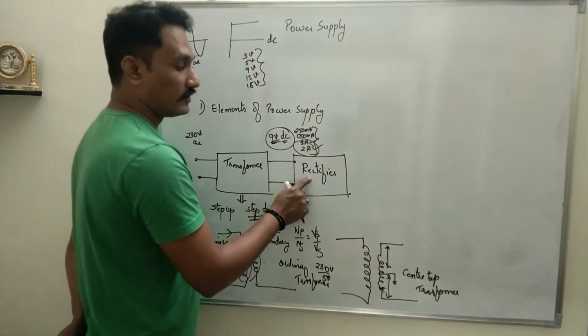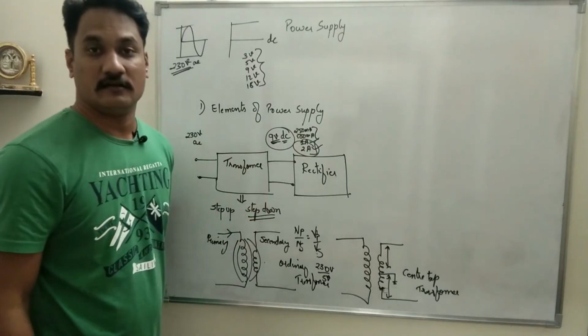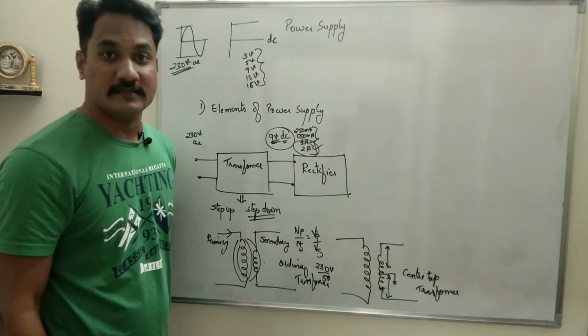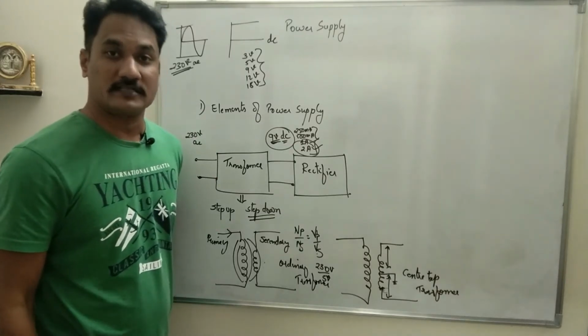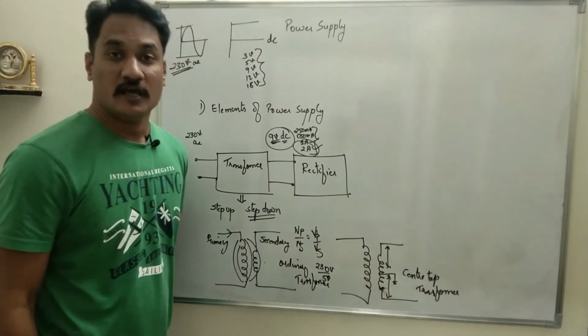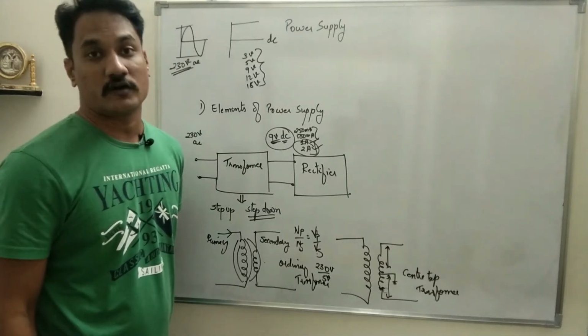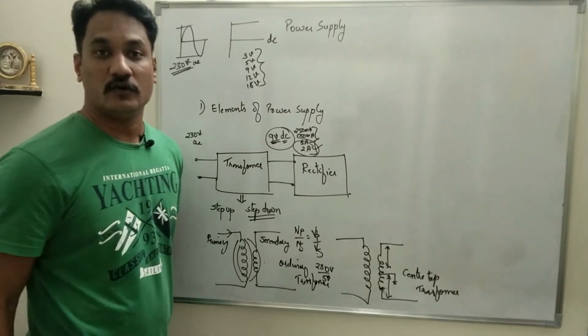The next step is to rectify, that means convert AC into DC. This is where we need the understanding of the PN junction diode. That's why I gave you the introductory video to understand what exactly a PN junction is, what forward bias is, what reverse bias is, what the junction resistance is during forward bias and during reverse bias. All these things you have to understand.